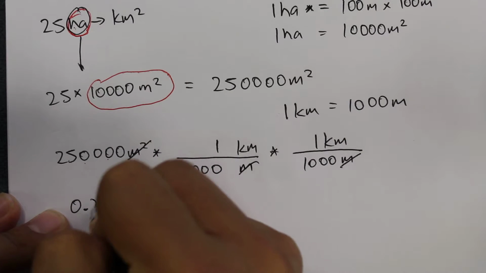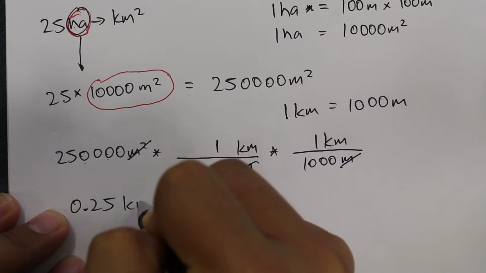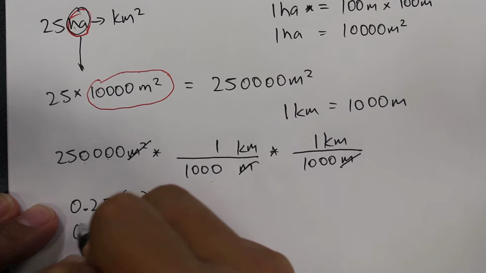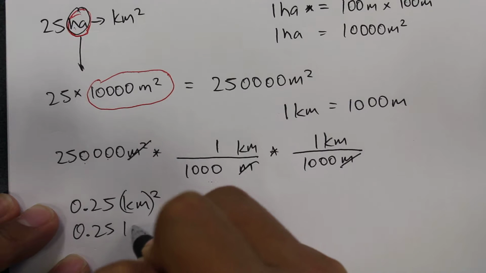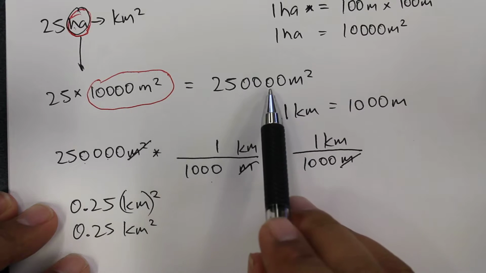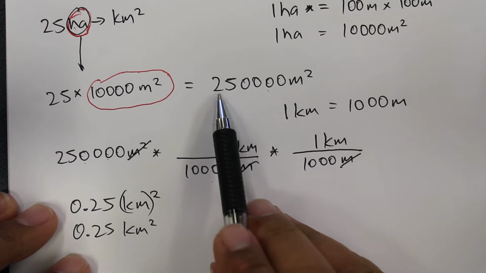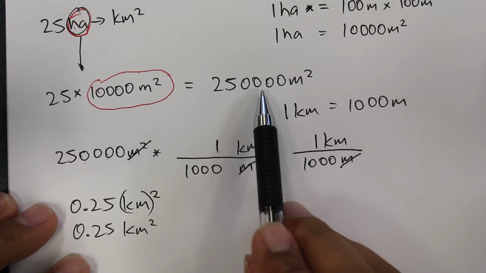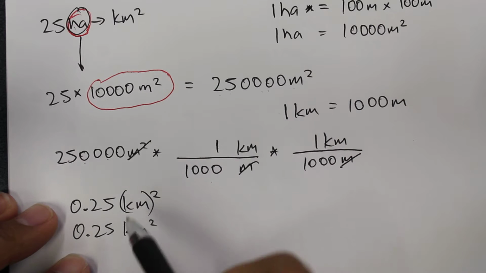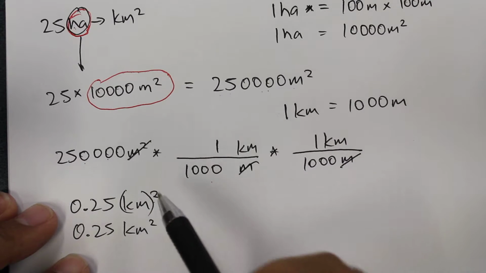So 0.25 kilometers squared. Now this is usually written as 0.25 km squared. I want to be clear that it is not valid to write your answer as 250 kilometers squared. This is incorrect because the kilo unit should be squared here.